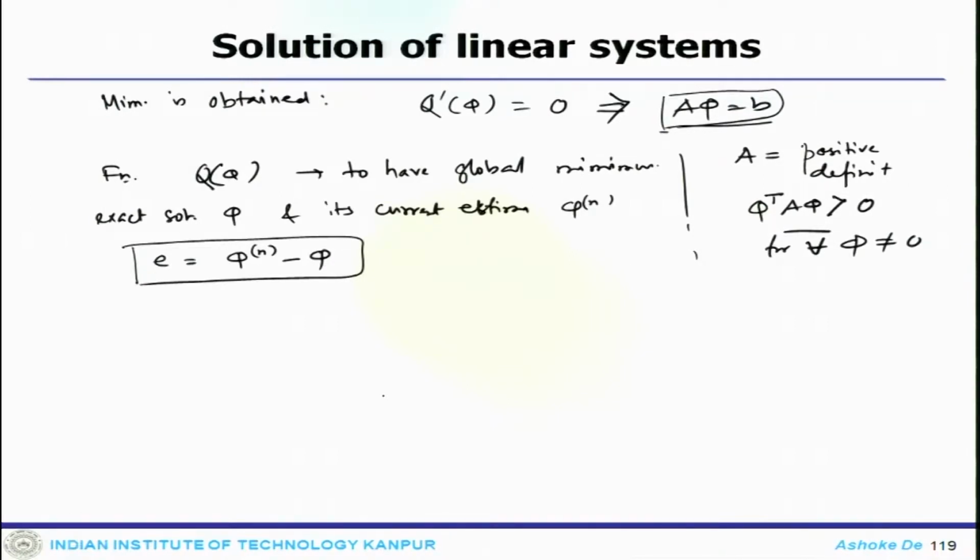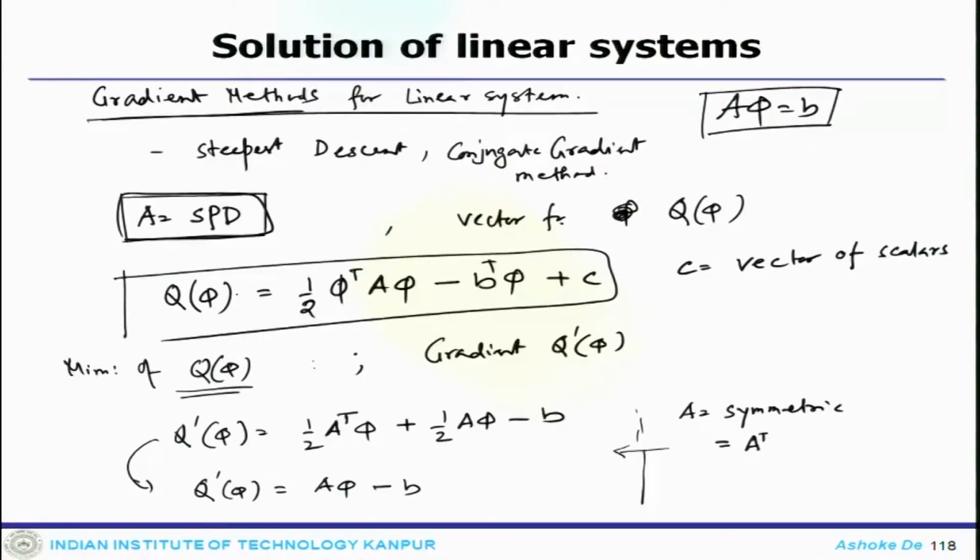One can write this particular expression that we had, q phi equals half phi transpose A phi minus B transpose phi plus c.